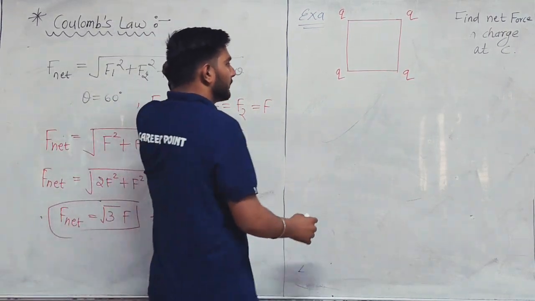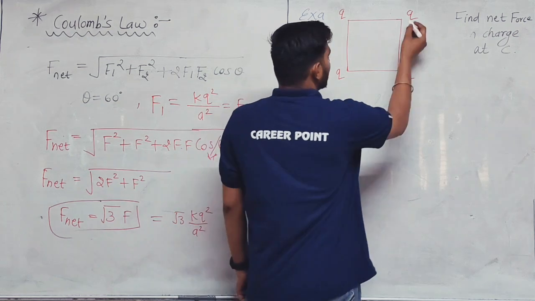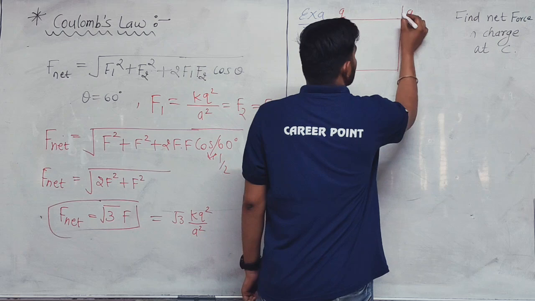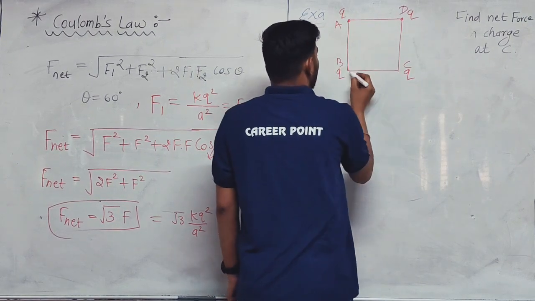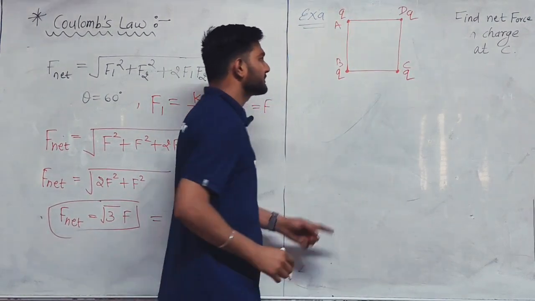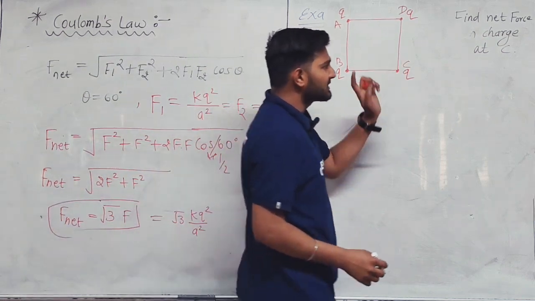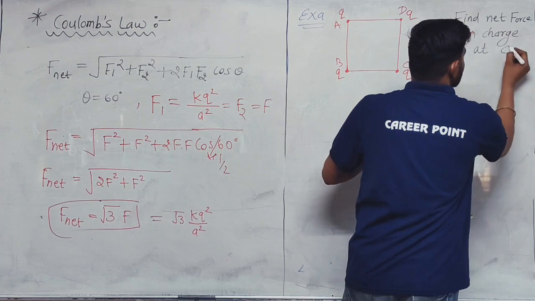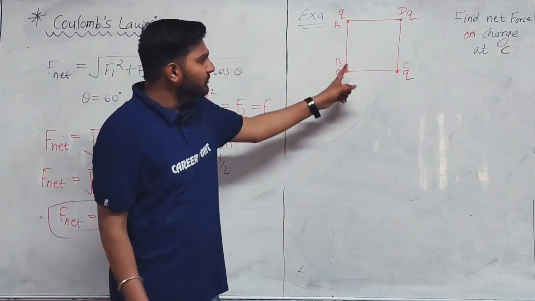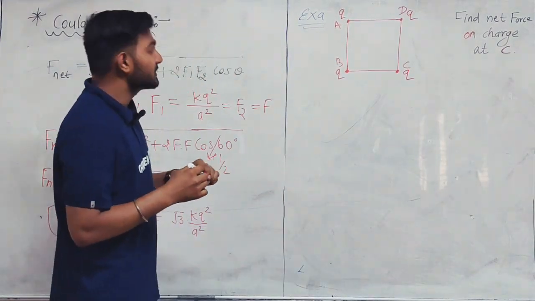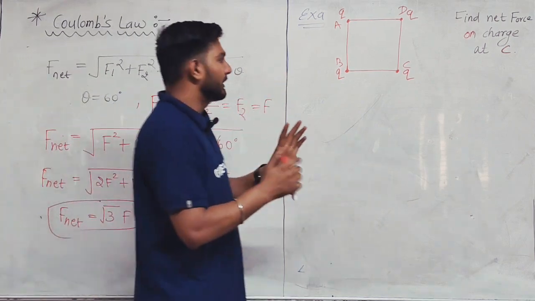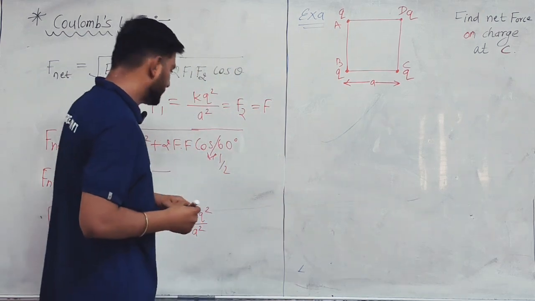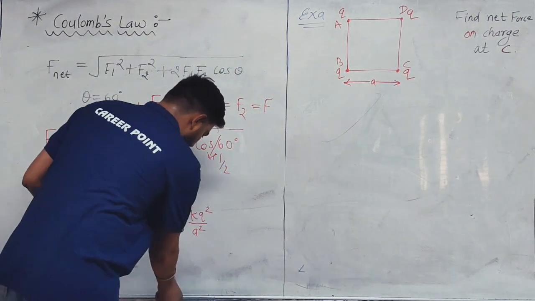Let's suppose these are A, B, C and D, and we have put 4 charges at locations A, B, C, D. The question is the same: find the net force on the charge at C. This time we have a square of side length A. So what will be the solution?